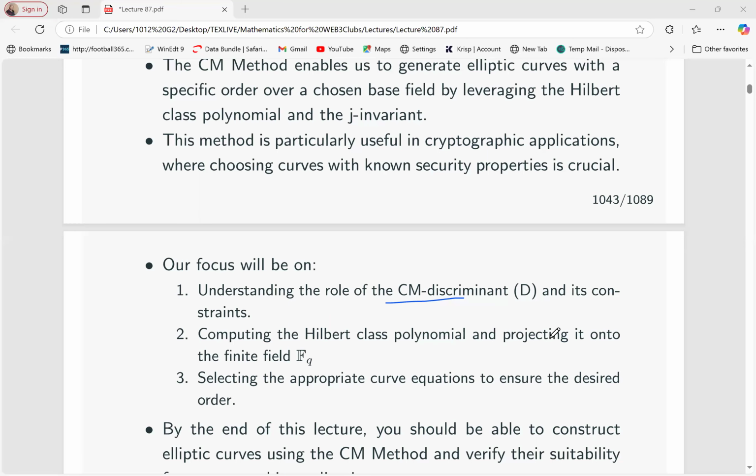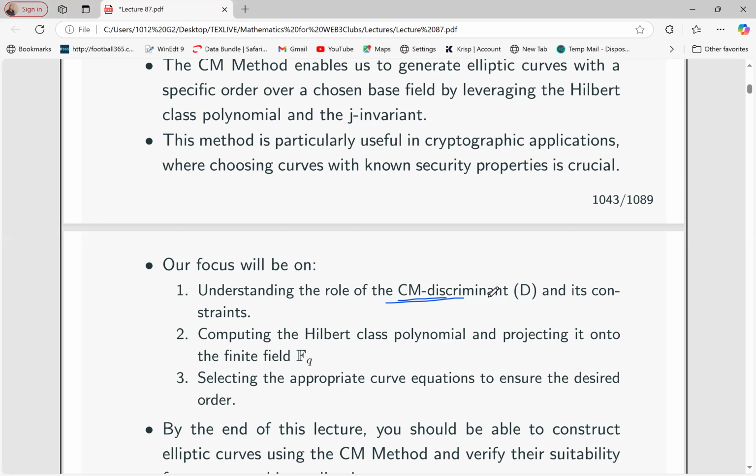Let's continue. Now, I think that is enough about the recap of what we've been doing. So today's focus will be to look at the role of this complex multiplication discriminant, which I've just shown you and told you how we will be getting it.